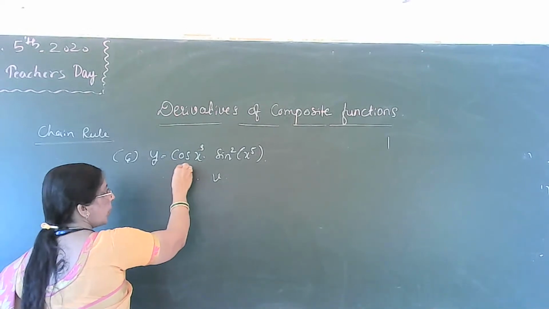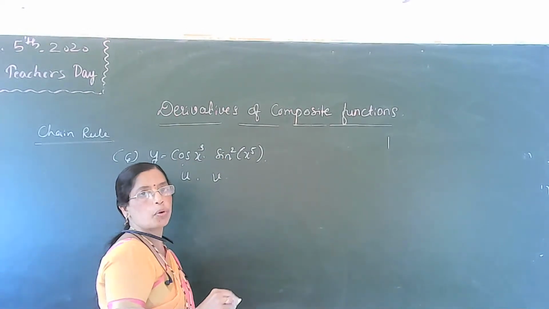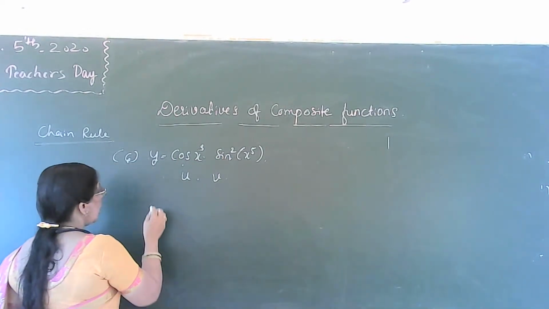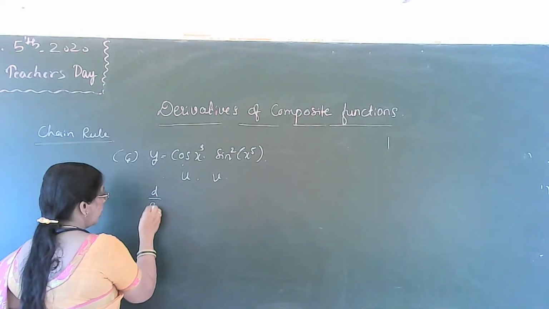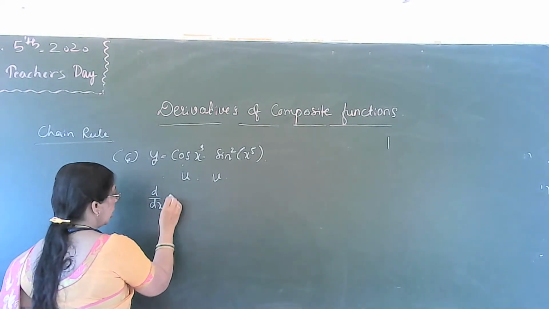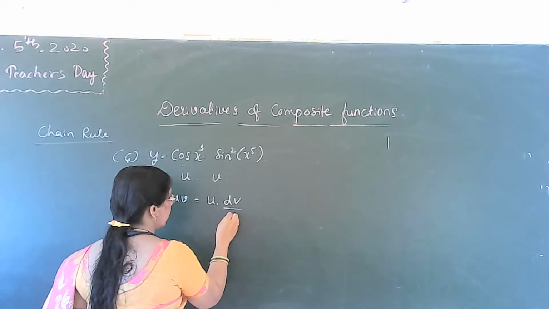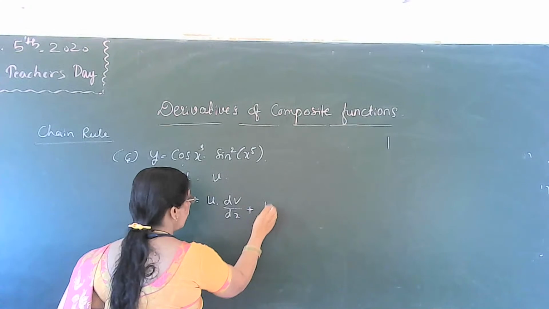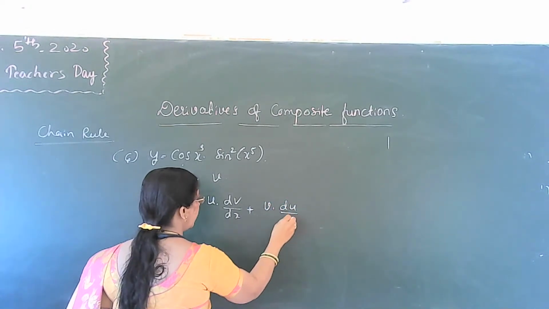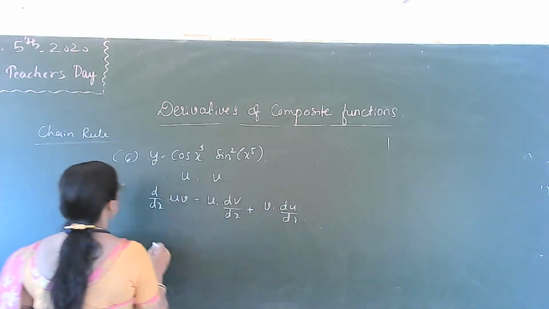Here u is a composite function and v is also a composite function. Finding the derivative of uv is equal to u into dv by dx plus v into du by dx.